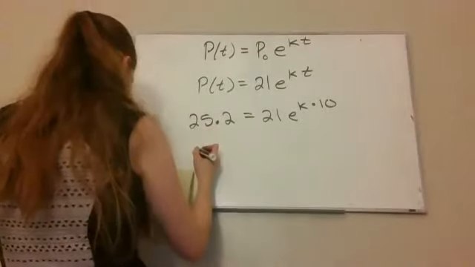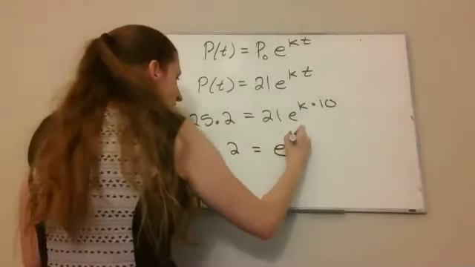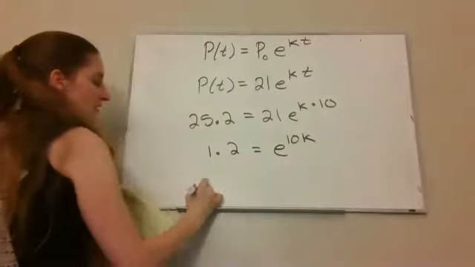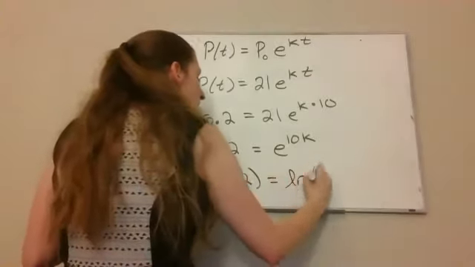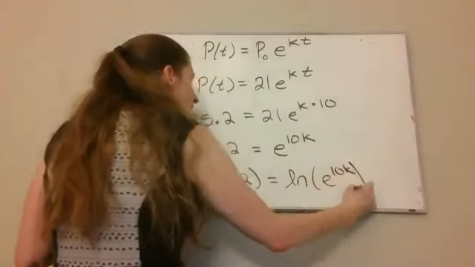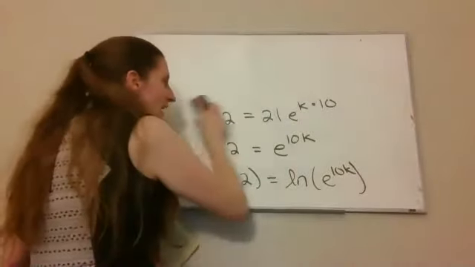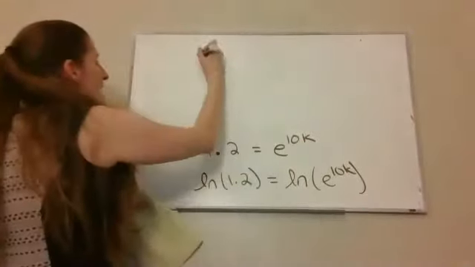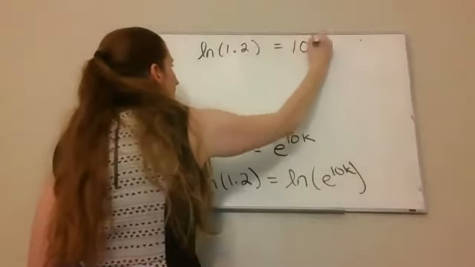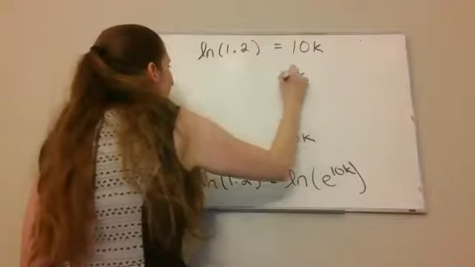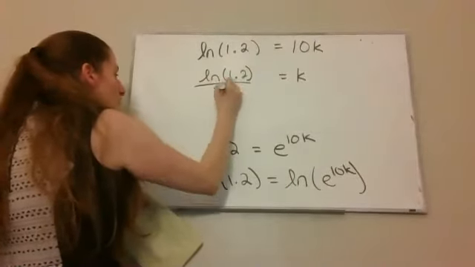Start by dividing by 21 to get 1.2 equals e to the 10k. Take a natural log of both sides. The natural log of e to the 10k is just 10k. So I get natural log of 1.2 equals 10k, which means k is exactly natural log of 1.2 over 10.